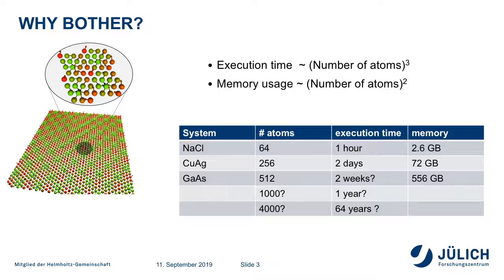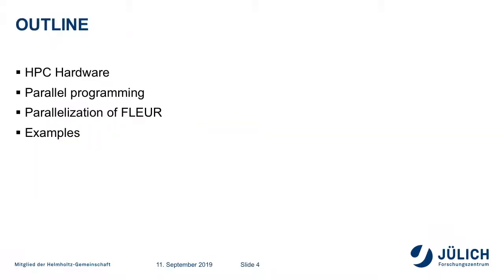With the next test case, you need 72 GB, and you start searching for a supercomputer. So that's the plan of my talk. We will talk a little bit about the hardware and how to program it, just generally. Then I will explain a bit how the parallelization of FLEUR is done, and I will show you some examples.